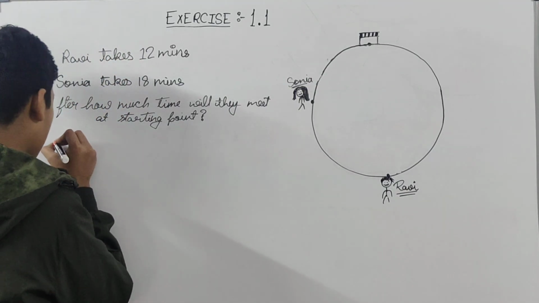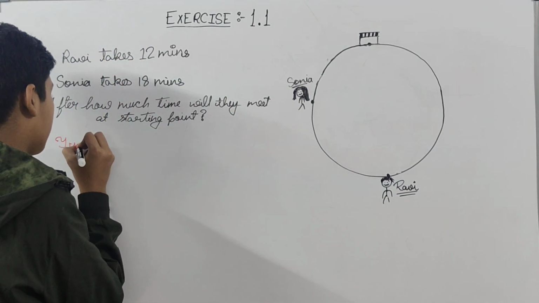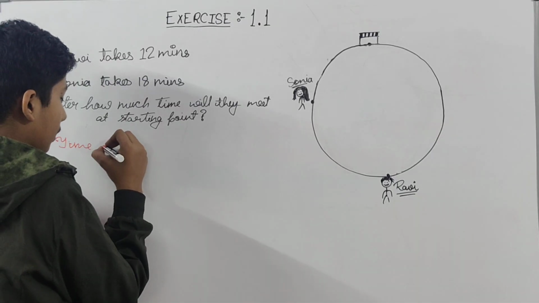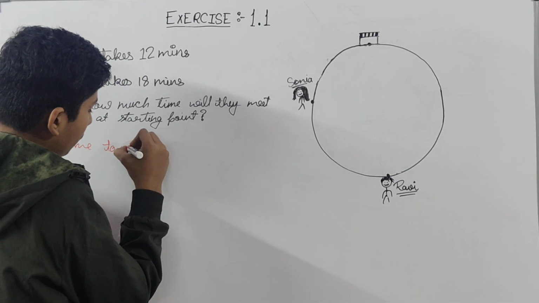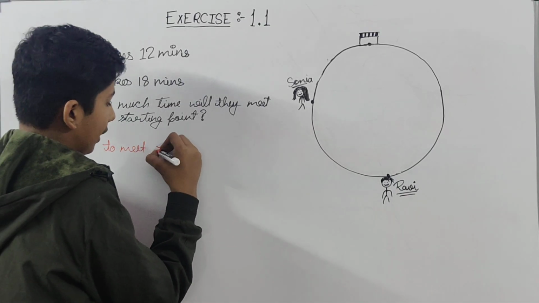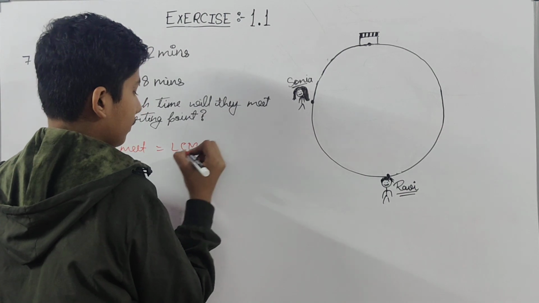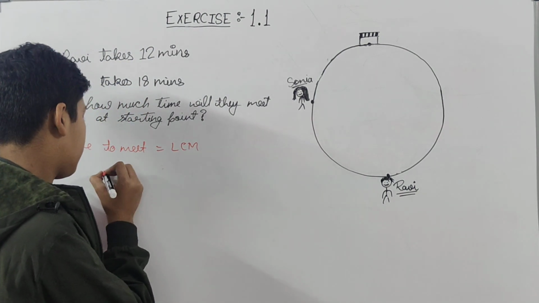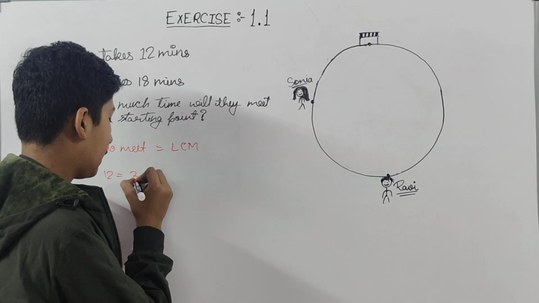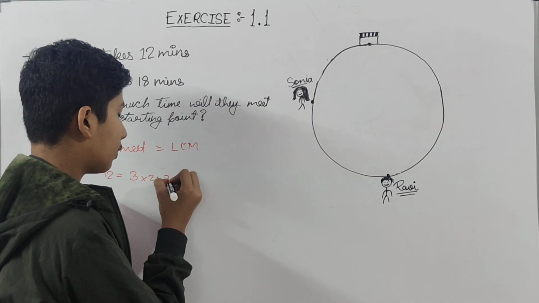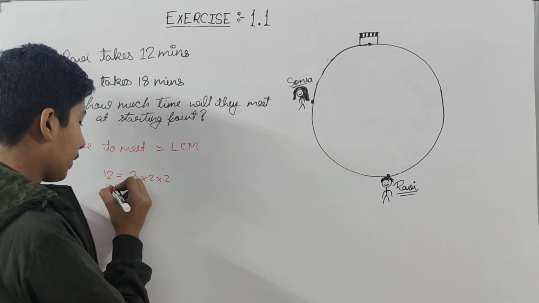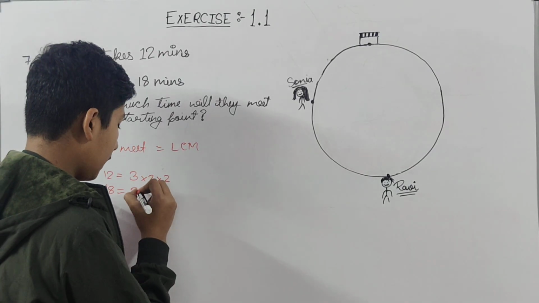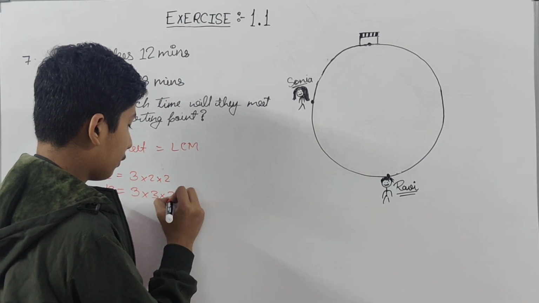So time to meet equals LCM. 12 can be written as 3 into 2 into 2, and 18 can be written as 3 into 3 into 2.